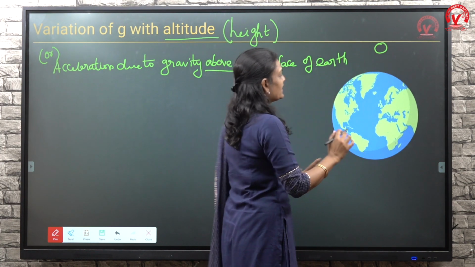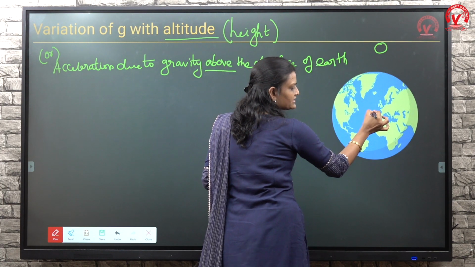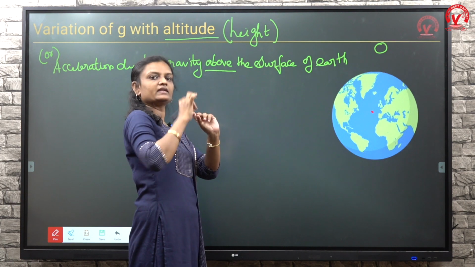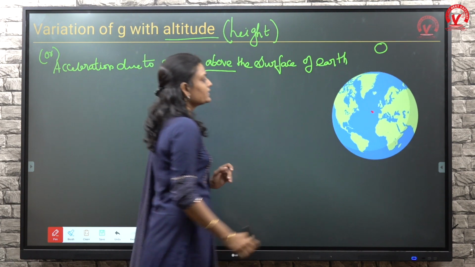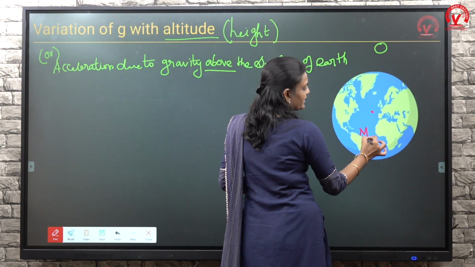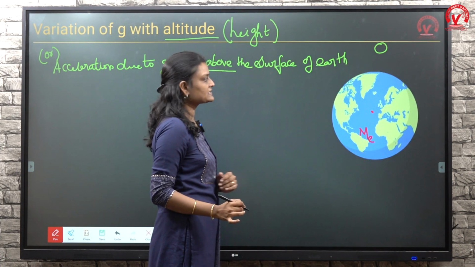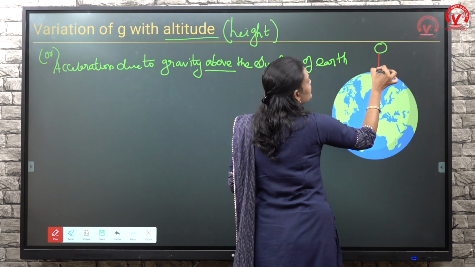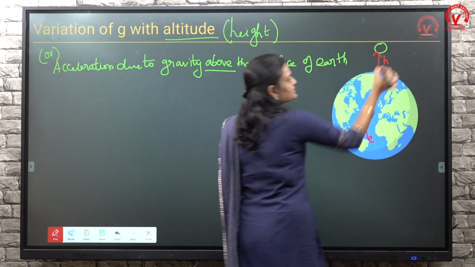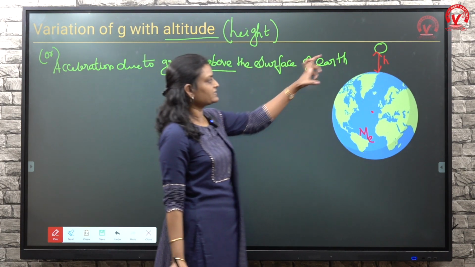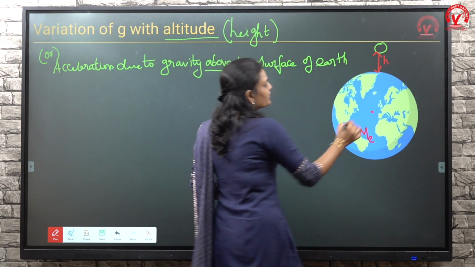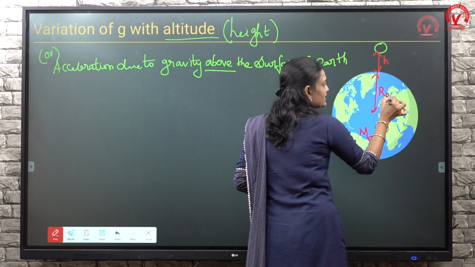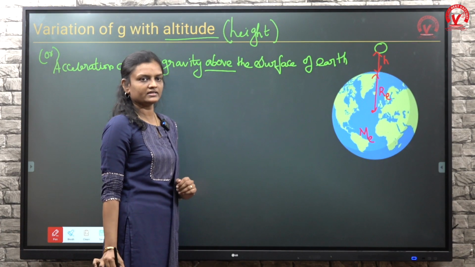Here I told you gravitation is a central force, so we always measure from the center to the next object's center only. Keeping the earth mass as Me, and this height above the surface as h, the radius of the earth we took as Re.